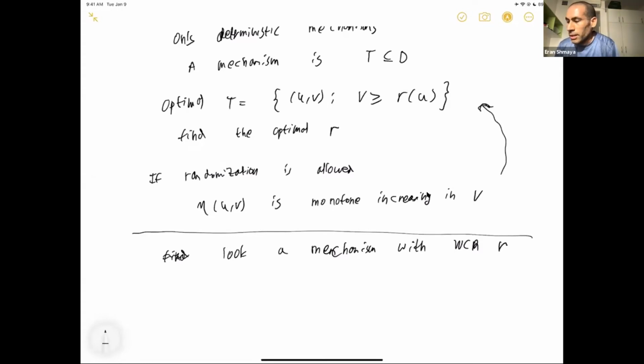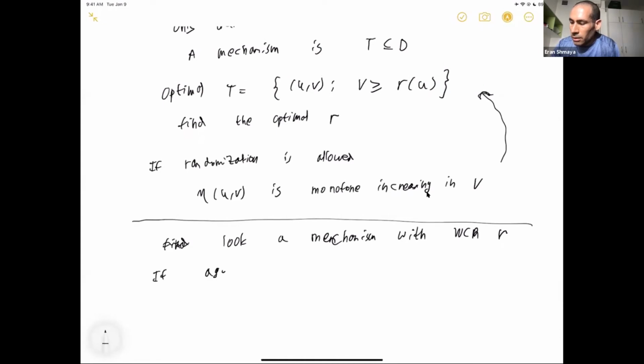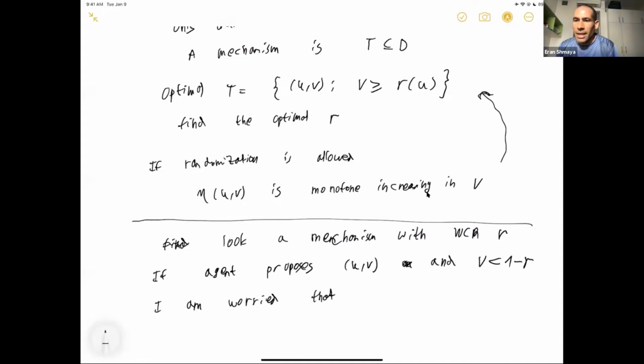How does this manifest itself? If the agent proposes UV and V is smaller than 1 minus R, then I am worried that another project is available, a project that gives the bad payoff to the agent and the good payoff for me.